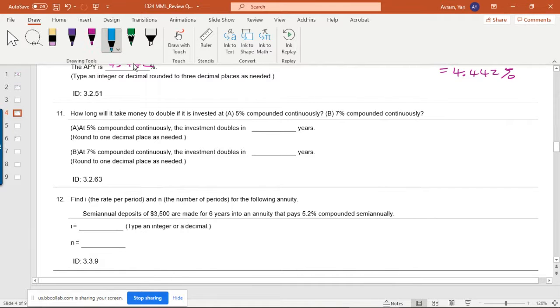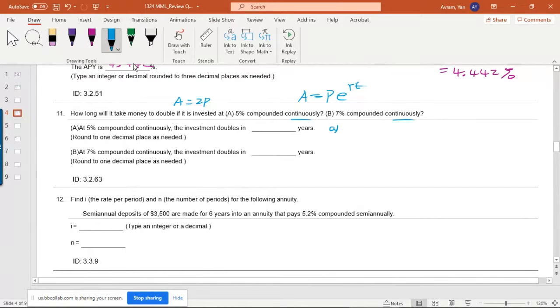So what does that mean? Compounded continuously, we have A equal to P e to the rt. So what does double mean? Well, double means the amount will equal 2 times the principal. So you don't really have to know the original amount in order to calculate this one, okay?